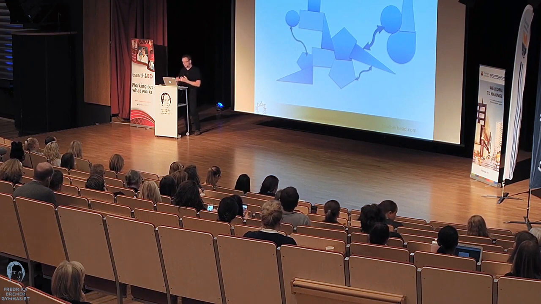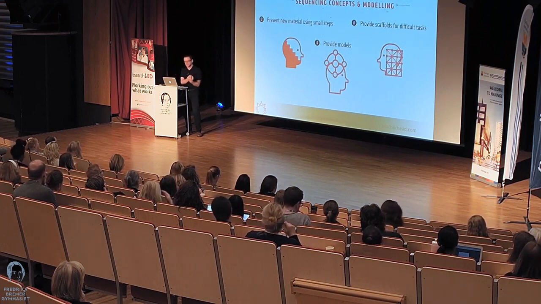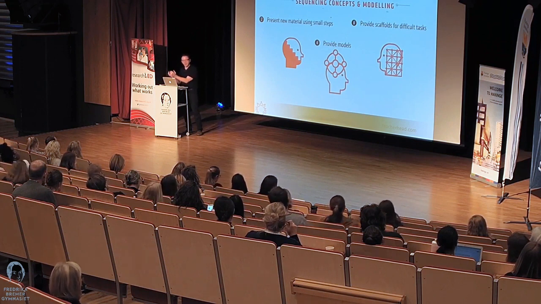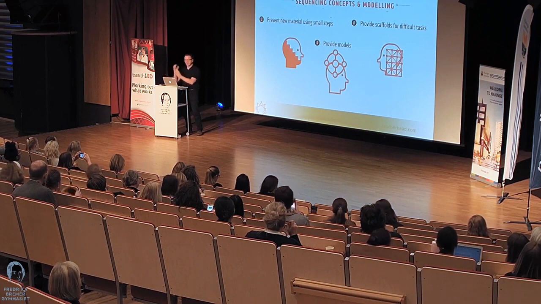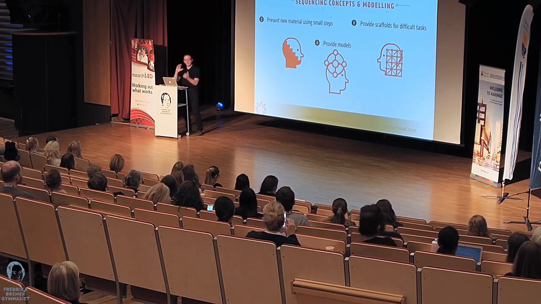Now, what does he say? There's a whistle-stop tour. The first area is sequencing concepts and modelling. So there are three principles. There's presenting material in small steps, which attends to working memory being finite, and the idea that we can't just overload students. We need to build knowledge up. That we provide models for how learning works.